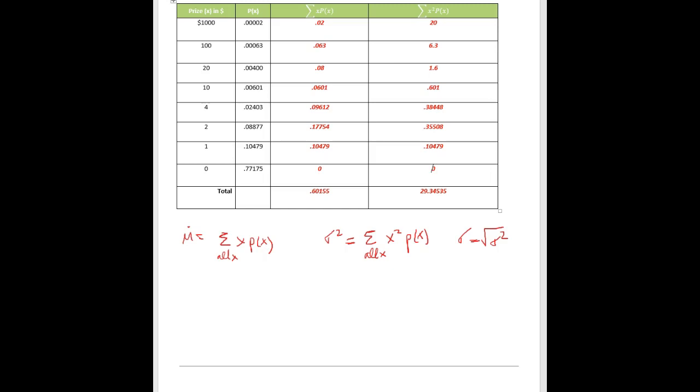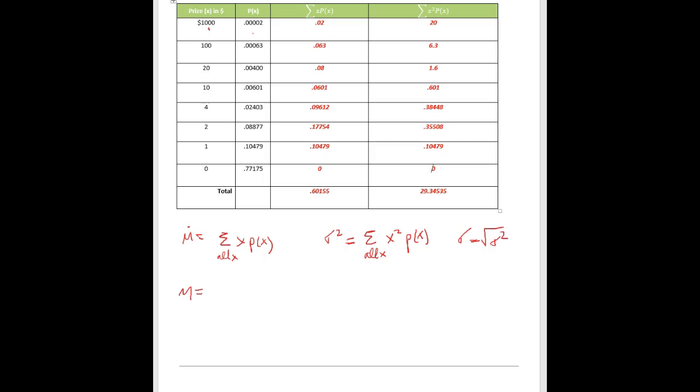So for mu, we're going to be taking x times p of x for all x. We look in here and we have an x column that is prize, and we have the probability of winning that prize. Then we multiply each one of those together to get some number. For instance, the first one, we have $1,000 times the probability of winning that $1,000 ticket, 0.00002.